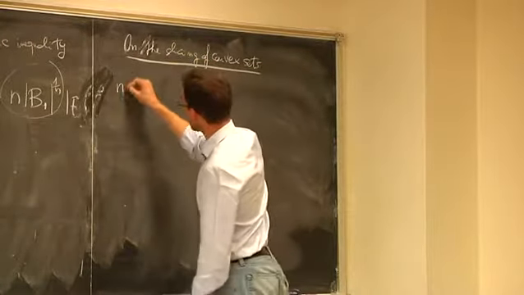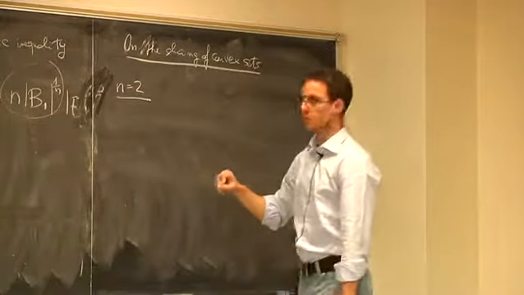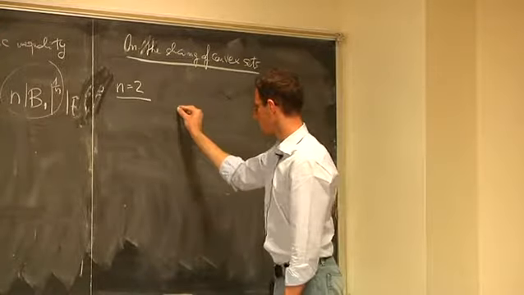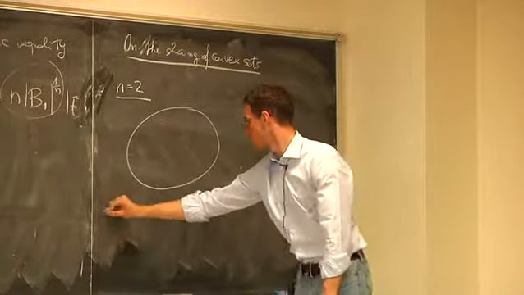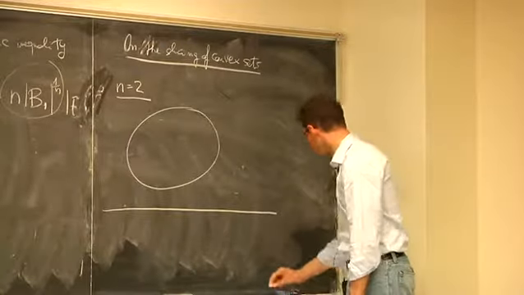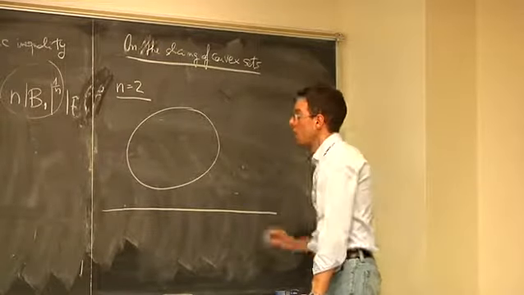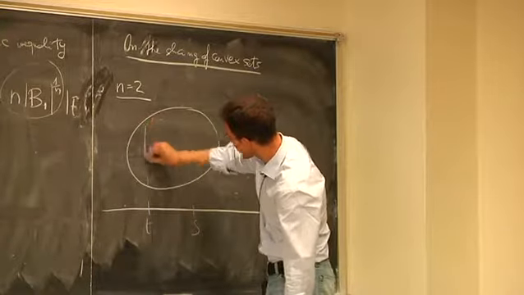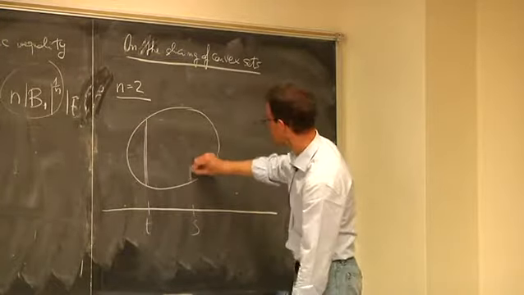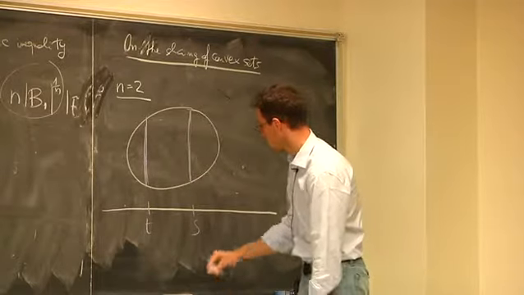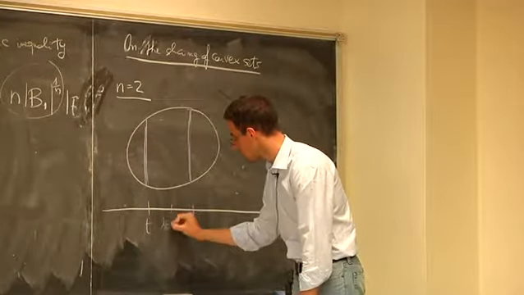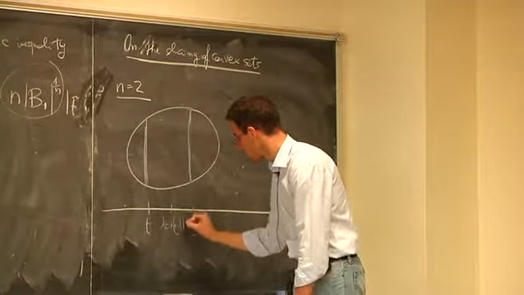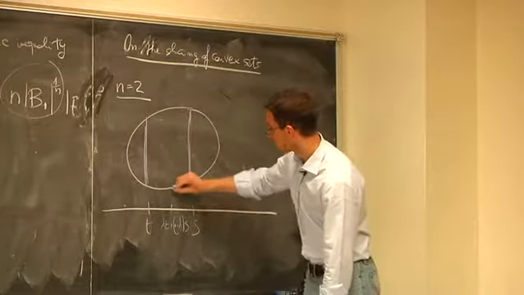In the two-dimensional case, this is trivial, and you can just do it by hand. So you take a convex set, you take a line, and you start to look. You take, let's say, T and S, and you look at the length of this segment. You look at the length of this segment, and then you look at lambda T plus 1 minus lambda S, some intermediate point, and you look at the length of this.